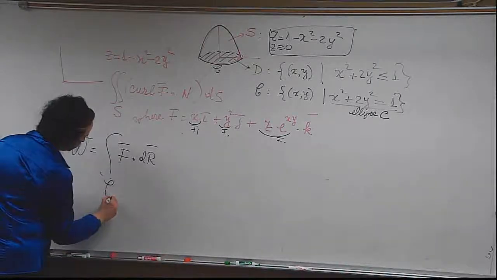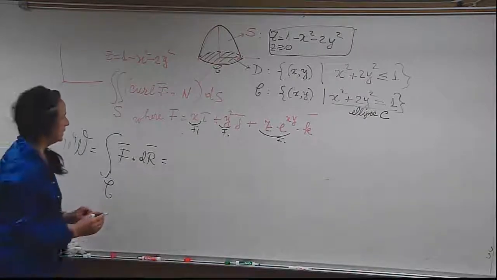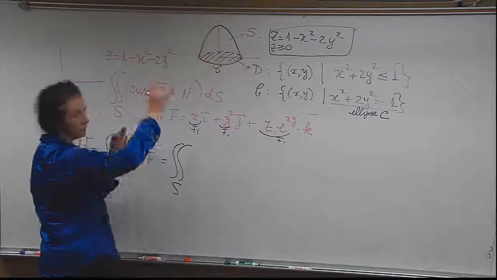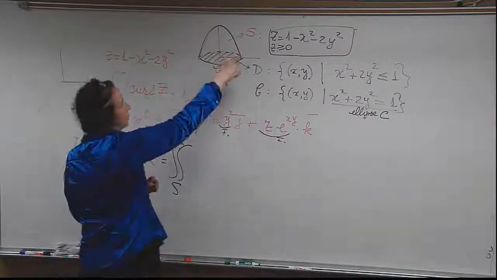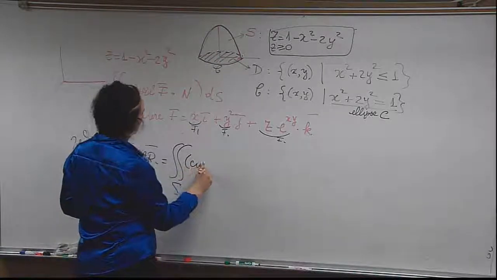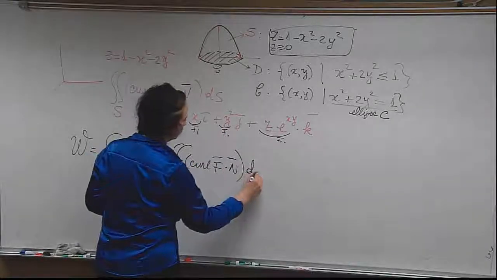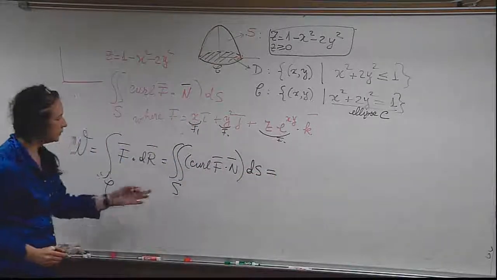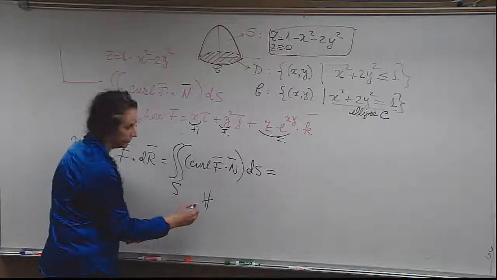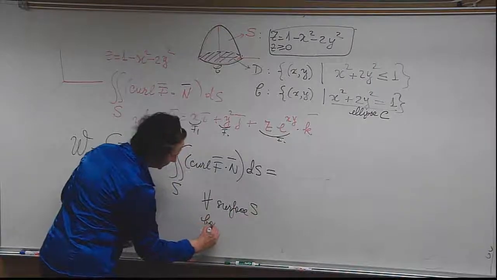This is not L, it's C. That is the same as the double integral over S, the round paraboloid like the church roof, S, of curl F times N dS. But what does it say? This happens for any surface bounded by C.